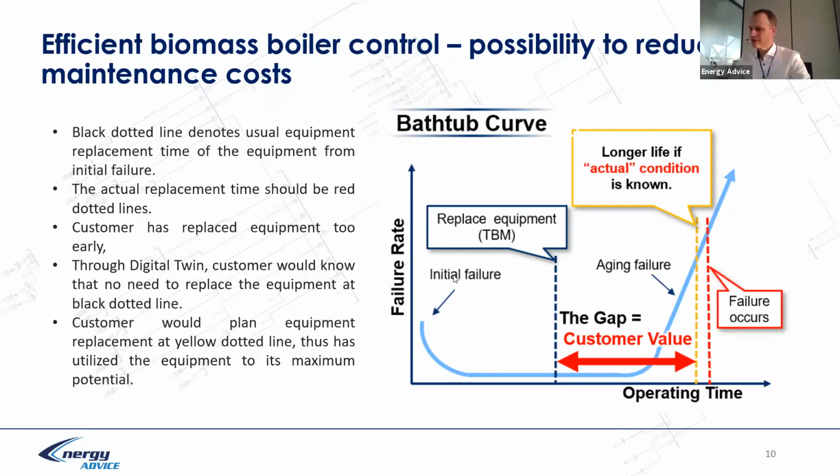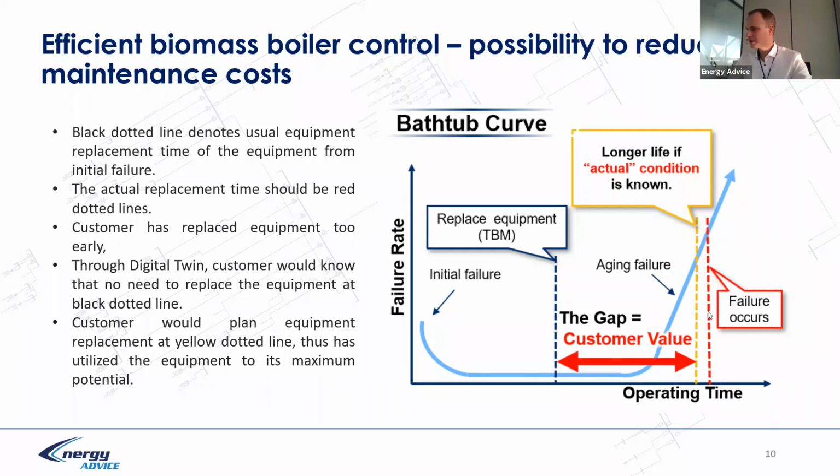Even after maintenance, some parts could fail. And here would be our decision for the next maintenance. Here would be, in fact, a failure which really occurs, and we don't like to have this because we limit heat supply.